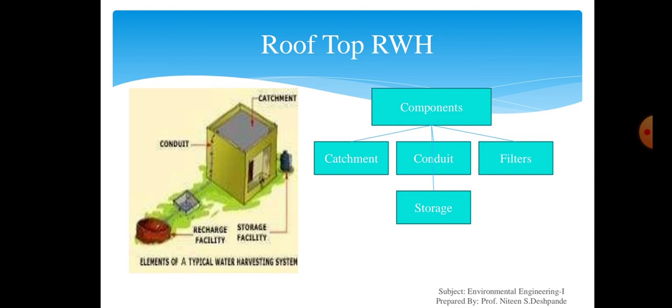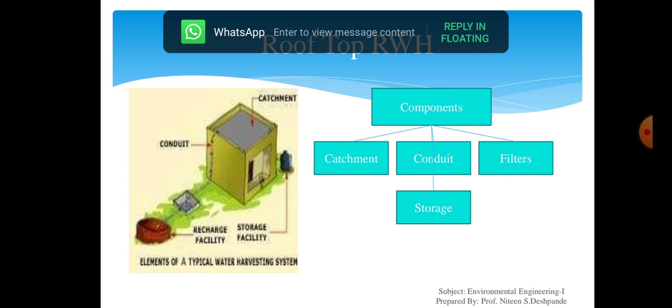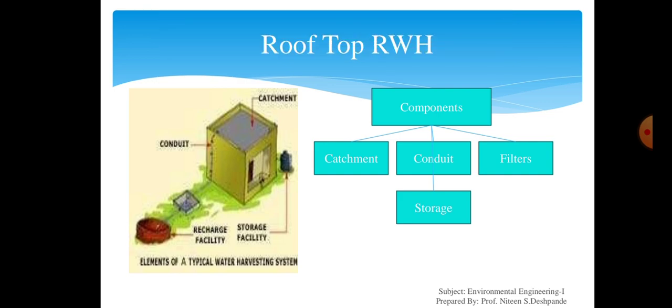Then it is transported by means of pipes, called a conduit, and then this collected water is filtered using filter media such as sand grains or any other filter media, and then after filtration we can store that water in a storage tank and utilize it in the summer days. Okay, so this is how the rooftop rainwater harvesting technique works.